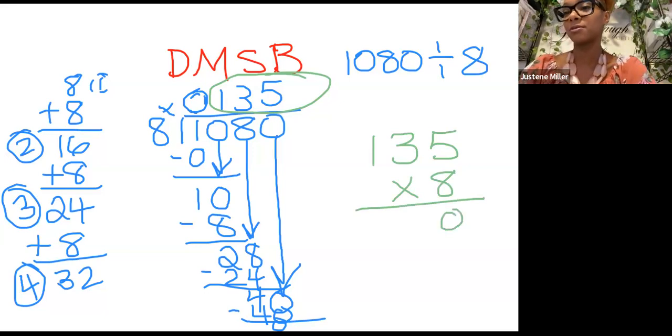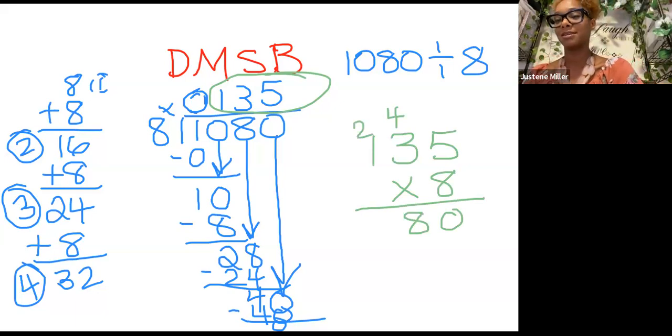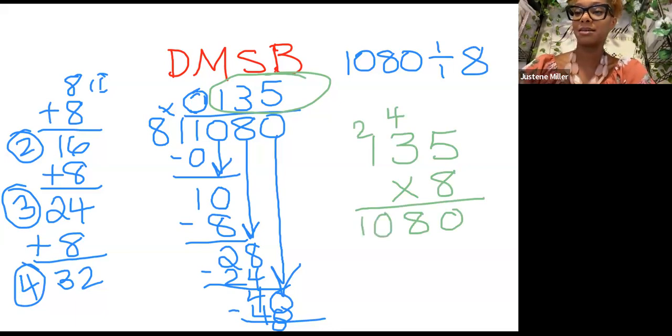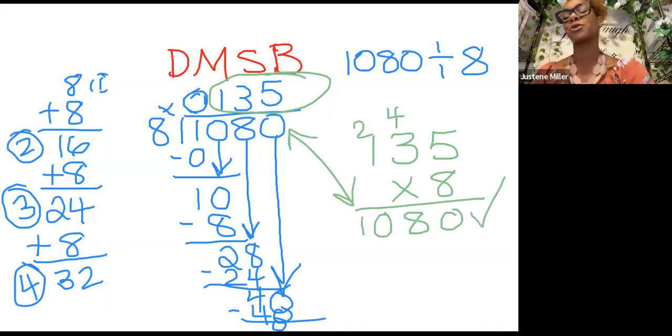Drop the 0, carry the 4. 8 times 3 is 24. Plus 4 is 28. Drop the 8, carry the 2. 8 times 1 is 8, plus 2 is 10. Look, they match. That means my answer of 135 is correct.